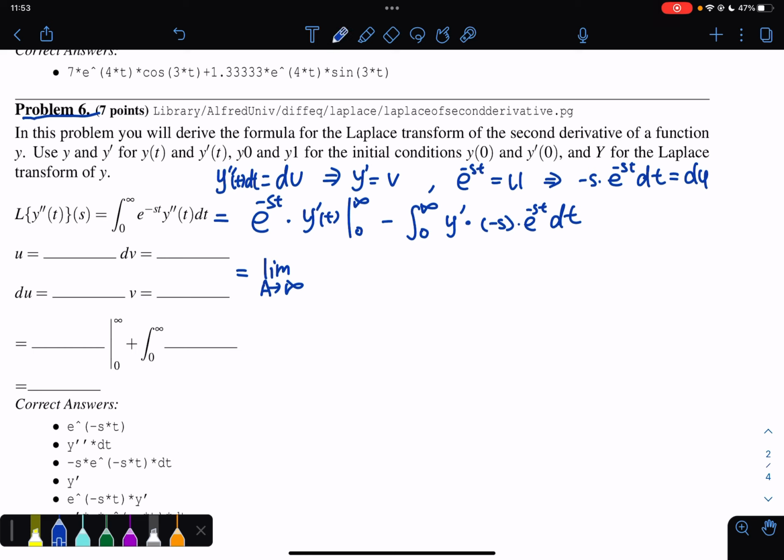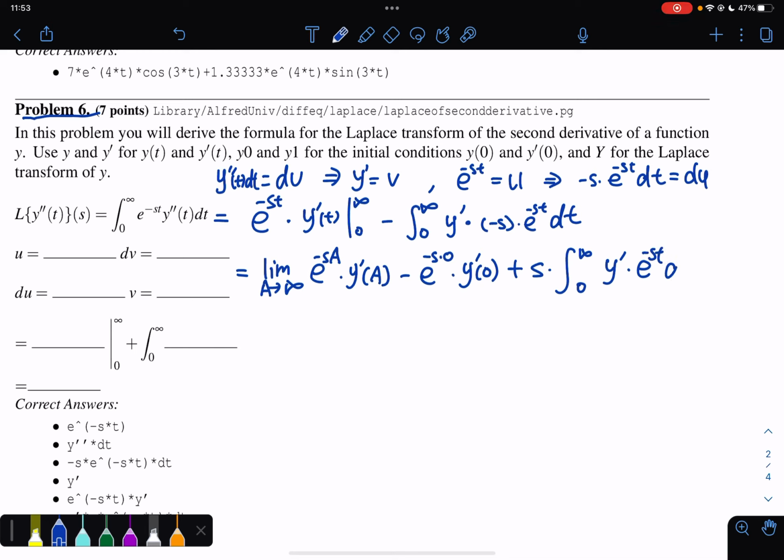So the first half is e to the negative sa multiplied by y prime of a, minus e to the negative s times 0 multiplied by y prime of 0. Then let's clean up the second half: minus negative s is plus s, which is a constant, so I can leave it out, the integral from 0 to infinity of y prime e to the negative st dt.